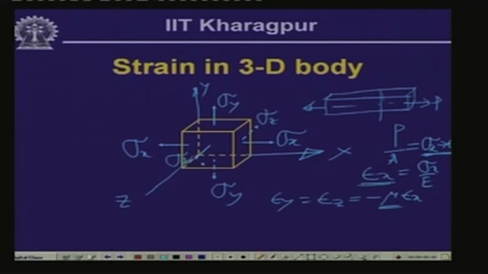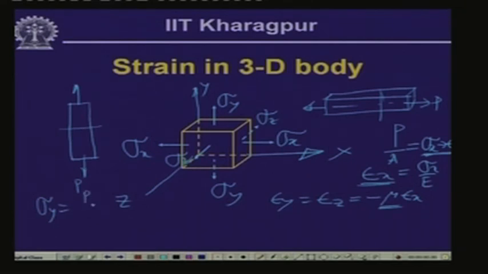Also, if we consider that the body is subjected to the axial load in the y direction instead of in the x direction, that means we have a bar which is subjected to load P in the y direction. Thereby, the stress again at any cross section is P by A, and let us call that stress sigma y, since the P is acting in the y direction.